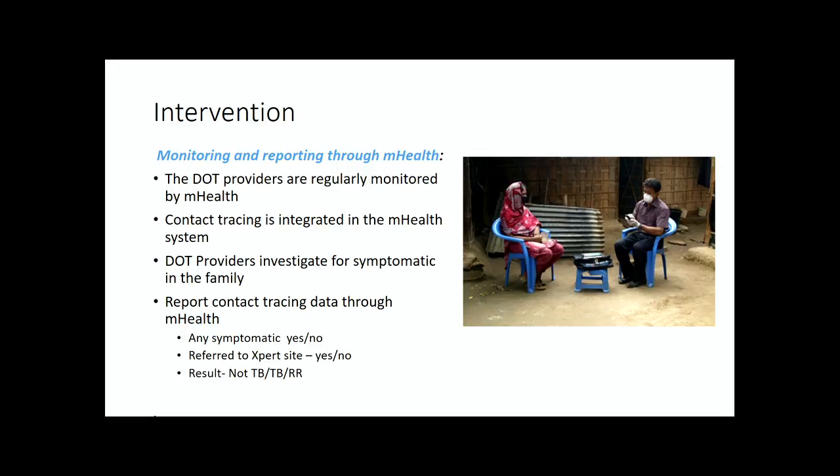Actually, in M-Health there are a lot of things, and at the end it was integrated with just a few questionnaires, like any symptomatic, yes or no, referred to expert site, yes or no, result: not TB, TB, RR. By this reporting, people can immediately see in the PC interface whether there is any contact or not.